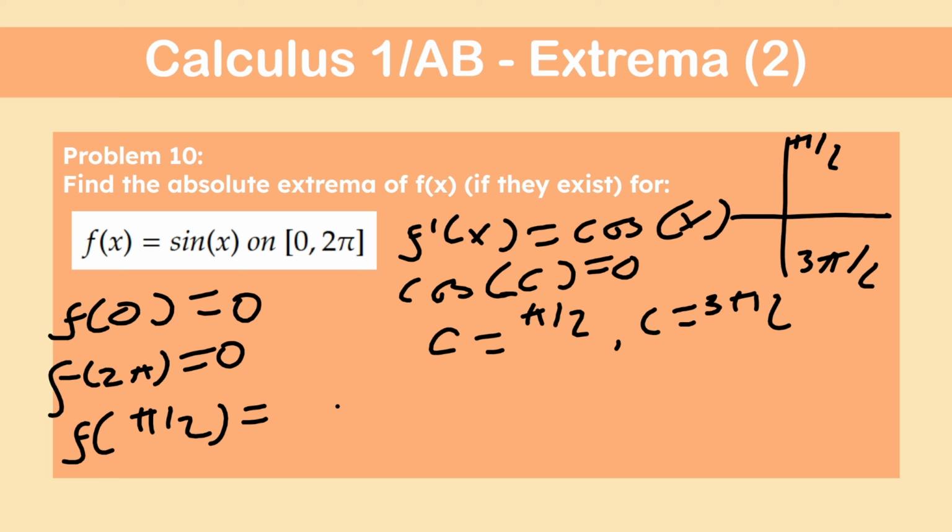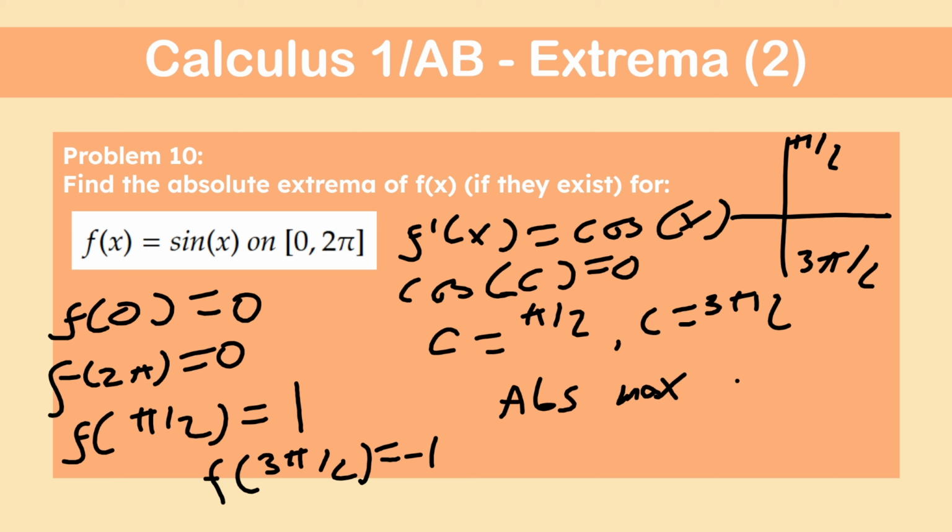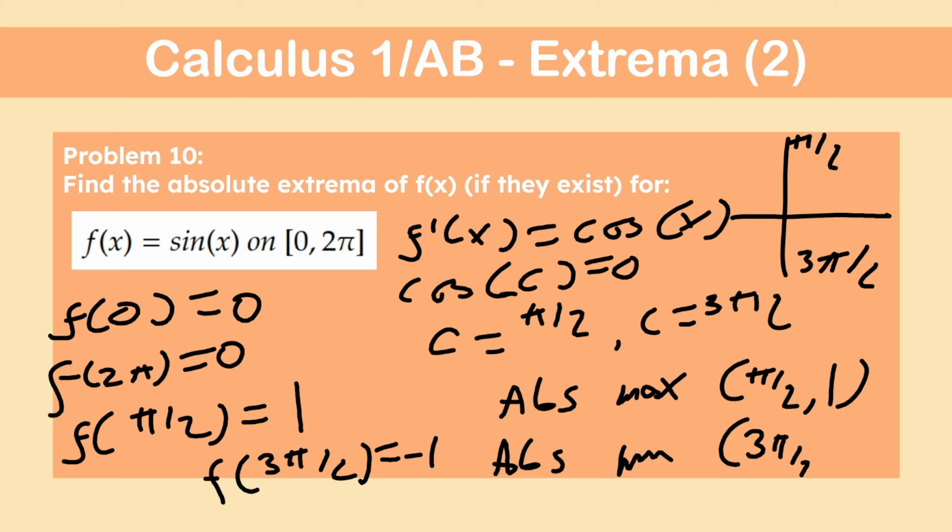So sine pi over 2 is 1, while sine 3 pi over 2 is equal to negative 1. So the absolute maximum on this interval corresponds to the point pi over 2, 1, while the absolute minimum on this interval corresponds to the point 3 pi over 2, negative 1.